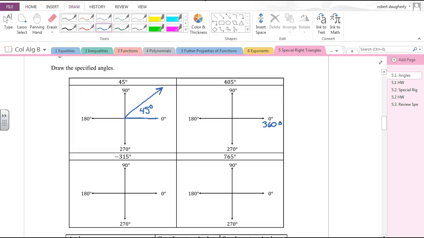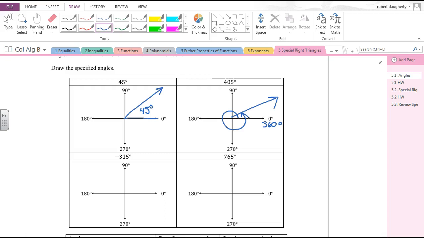Now how much further do I have to go to get to 405? I'm at 360. I need to go 45 more. So the way we will draw this angle is something like this. Okay, so I went all the way around one time. All this means is I started at 0. I went to 90. I had not gone far enough. I got to 180.